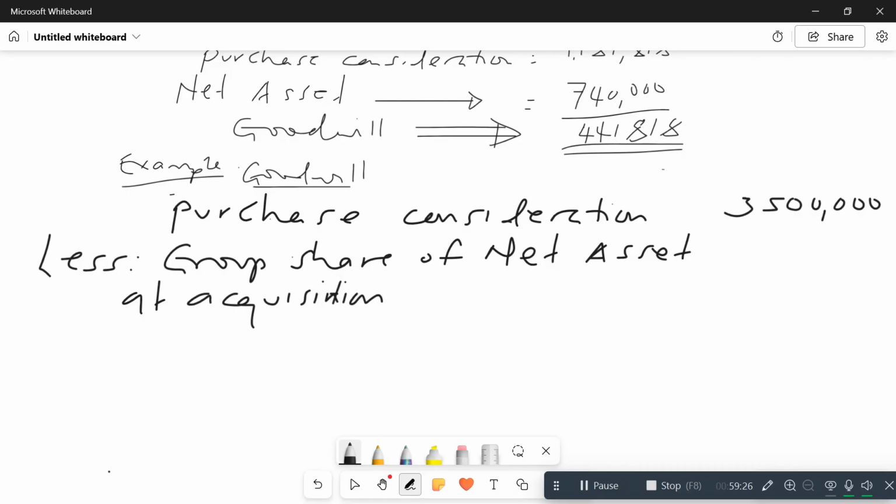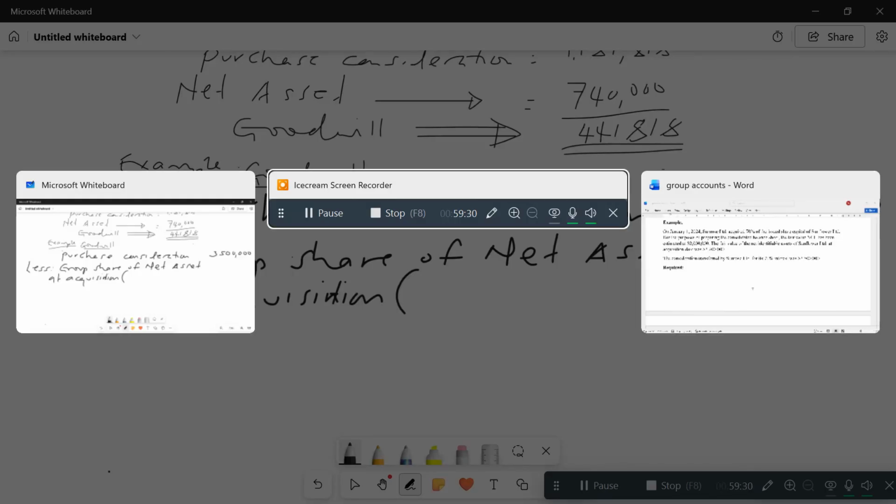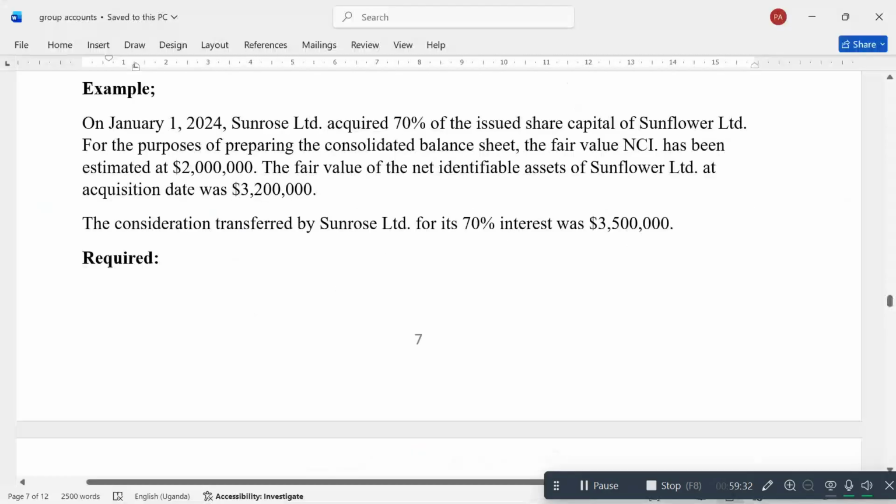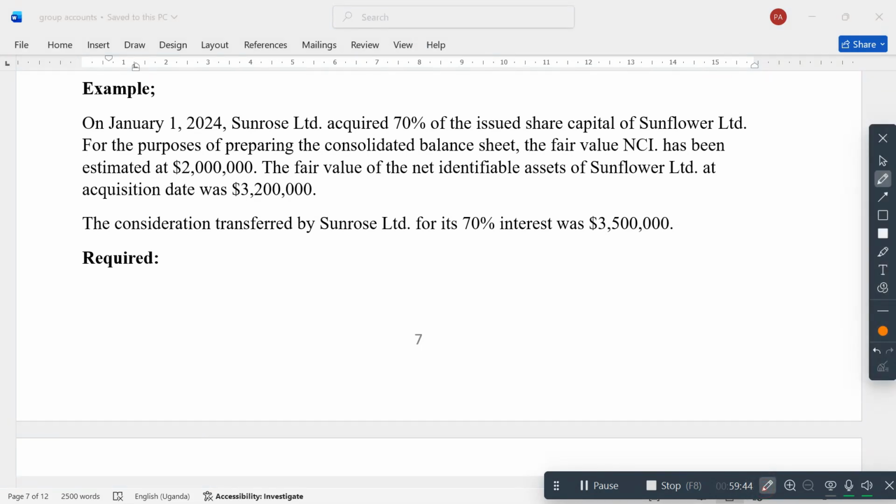And remember, for the group share of net assets at acquisition, we acquired 70%. We are taking 70% because it says Sunlaws Limited acquired 70%. The net assets at acquisition are given here. The fair value of net assets at the acquisition date was 3.2, and our percentage is 70.